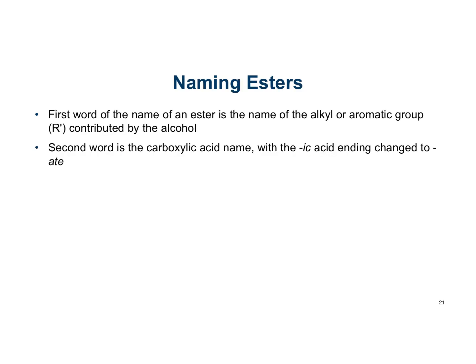Now we're going to work on naming esters. When you name an ester, there are two parts. So if we look at a generic ester, we have two parts of the molecule. We have the part of the molecule that came from the alcohol, which is right here.